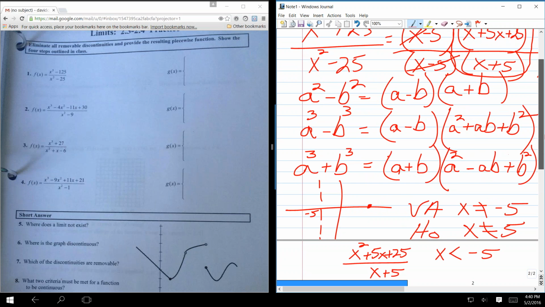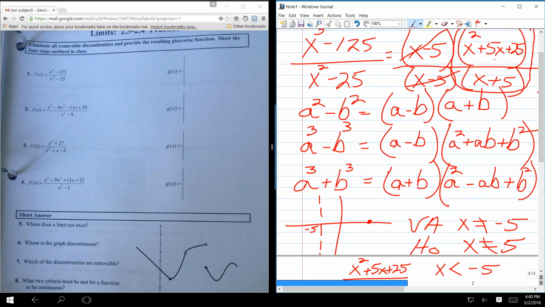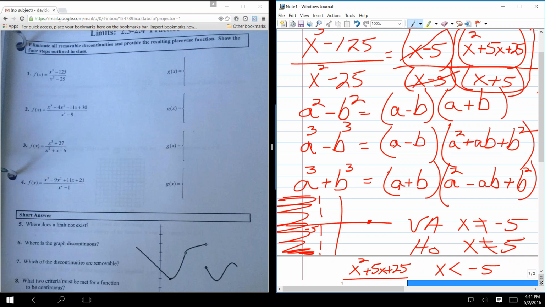In other words, this function right here, whenever x is less than minus 5. In other words, if I'm looking at my picture, I'm talking about this range right there.